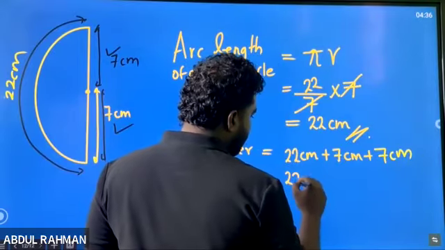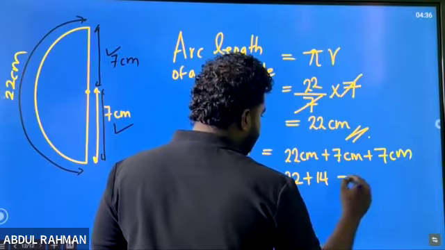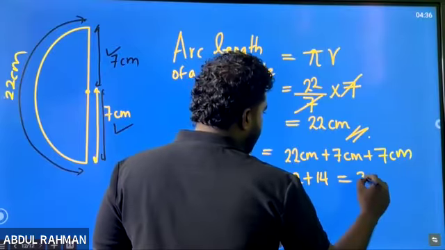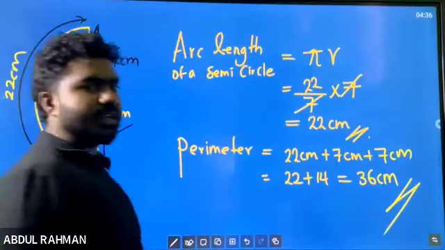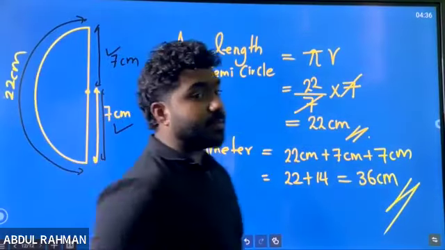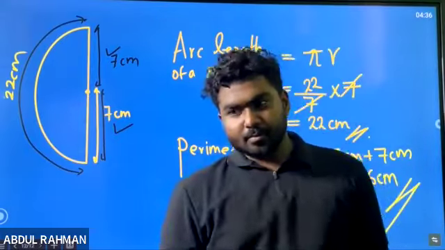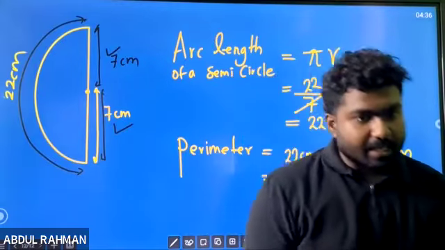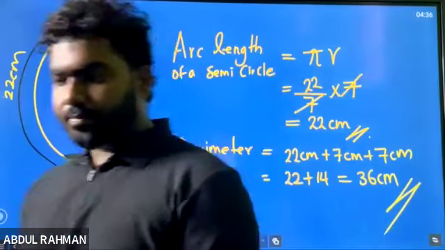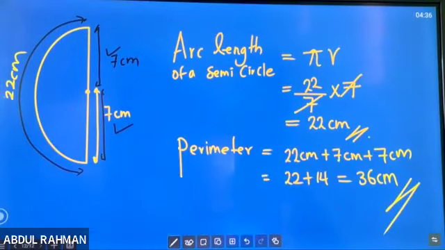It is 22 plus 14. The answer is 36 centimeters, which is the perimeter of the diagram. Is that clear how to find the perimeter of a semicircle? Give me a thumbs up. What about Khadija, Nafeel, Mariam, Muad, Sajid? Sajid, yeah.